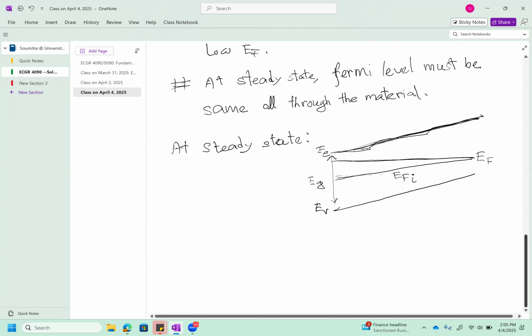And as it goes right, the distance between EC and EF increases. Because I know that I doped very heavily on one side, and I doped very lightly on the other side. That's why EC and EV would look like this. Okay.